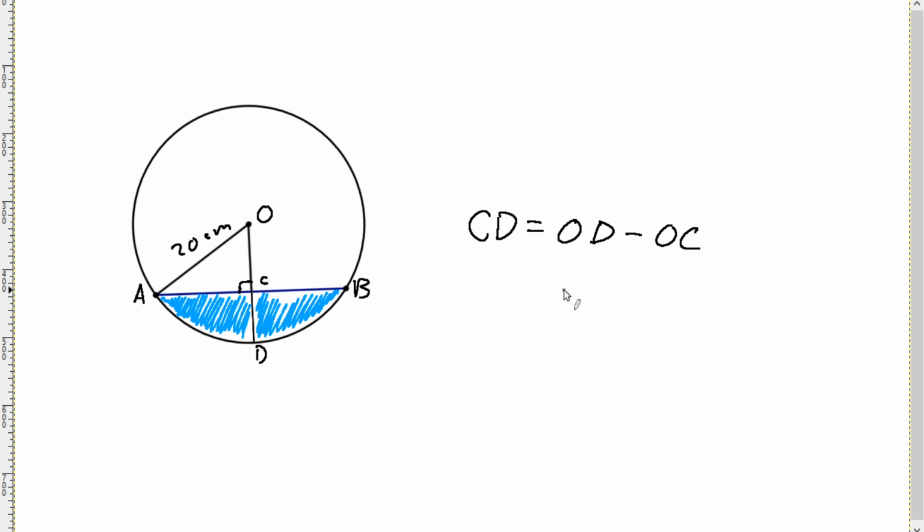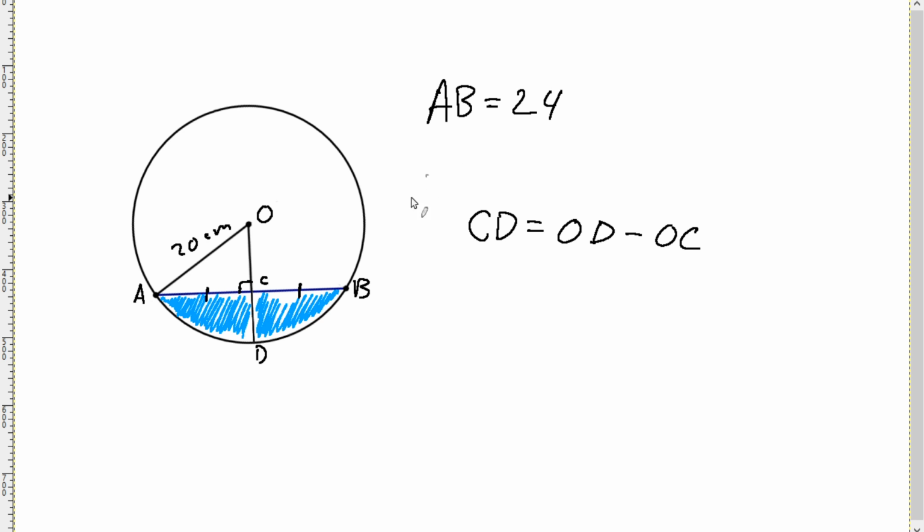And since OC is perpendicular to AB, then AC is half of AB. So since OC is perpendicular to AB, then you know that these things are equal. And what did they say for AB? They said 24. So AB equals 24.